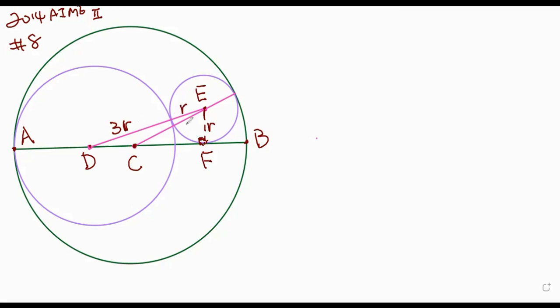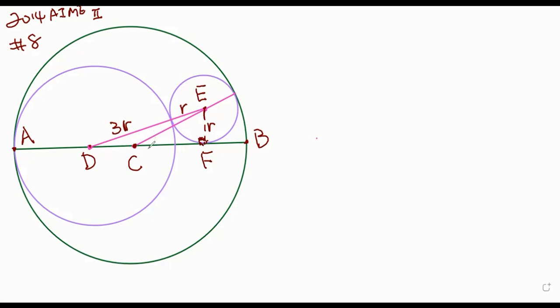The given information is just about the circles, and now we will find it in this triangle CDE.